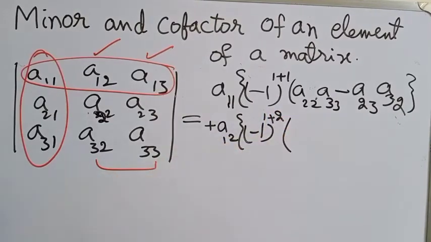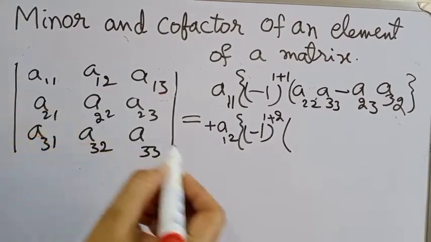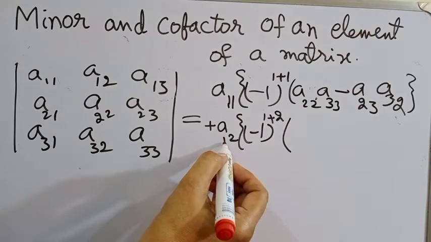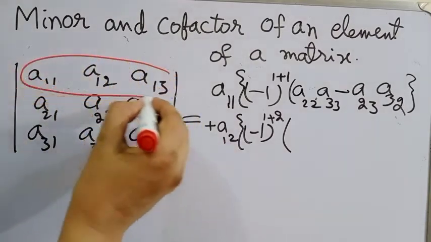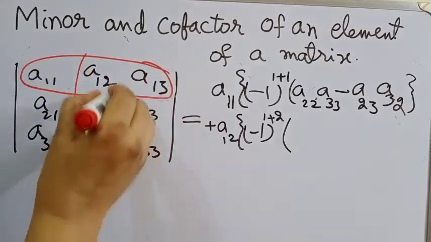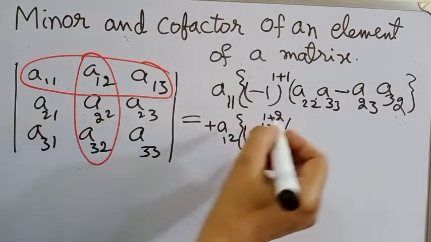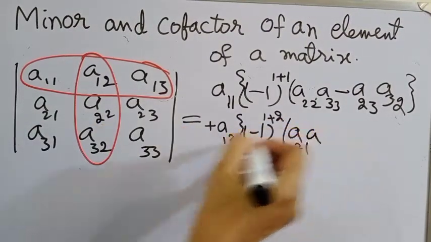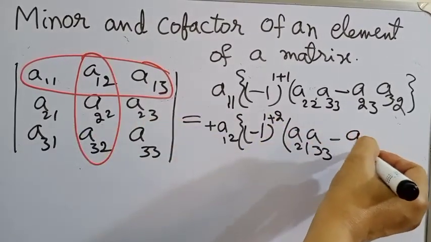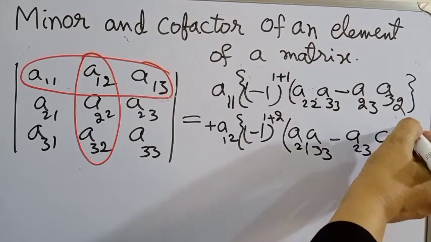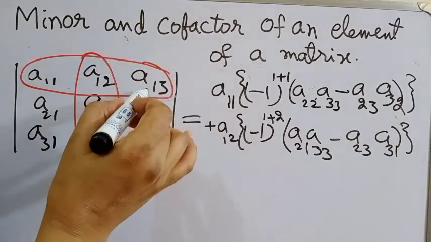We observe that this is first row and second column, so we neglect the first row and second column. So we have elements here for multiplication: a21, a33 minus a23 and a31.